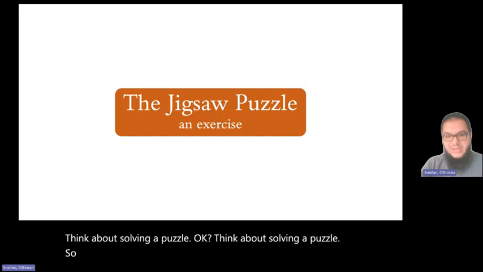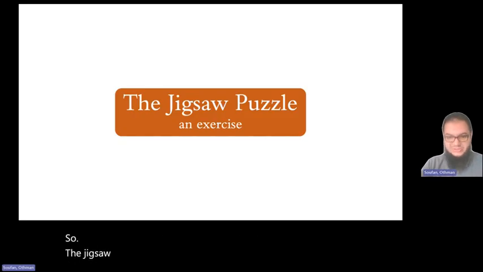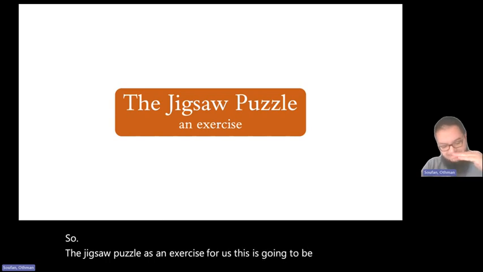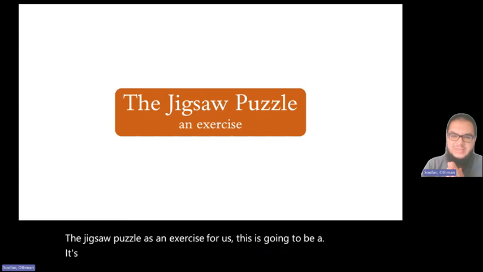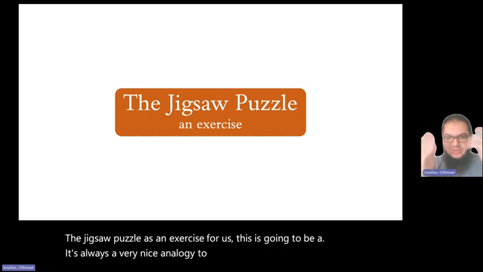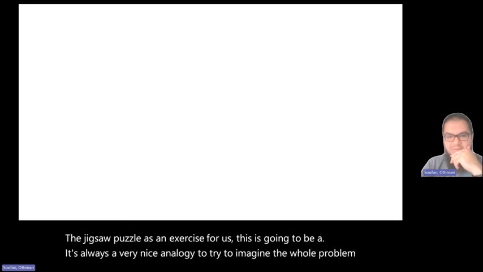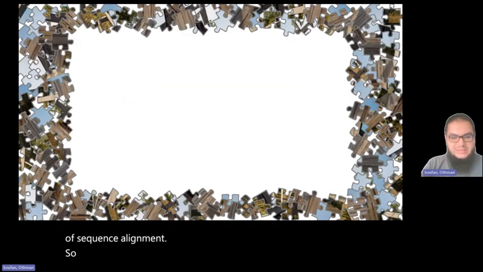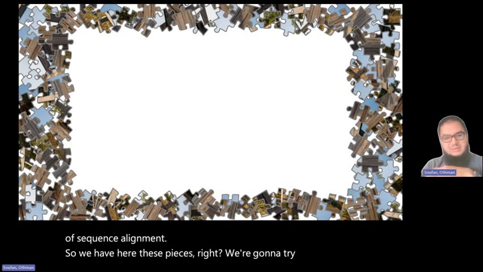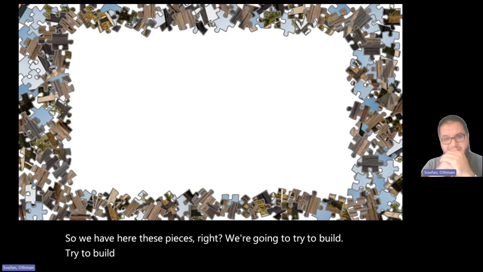So the jigsaw puzzle as an exercise for us, it's always a very nice analogy to try to imagine the whole problem of sequence alignment. So we have here these pieces, right? We're going to try to build the picture again.